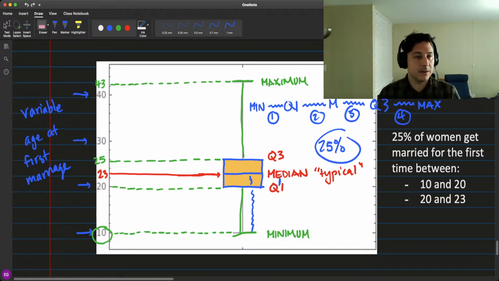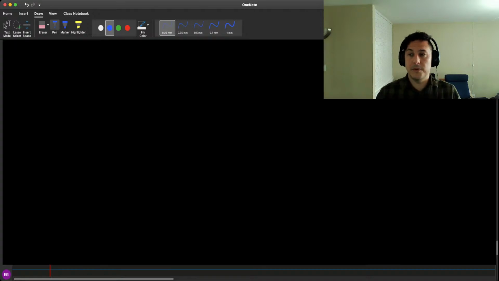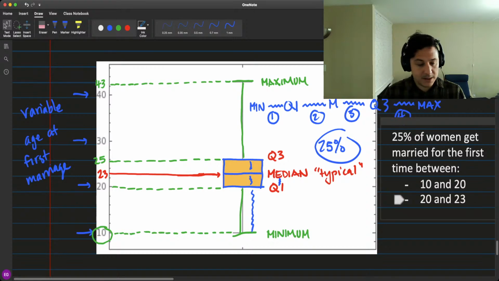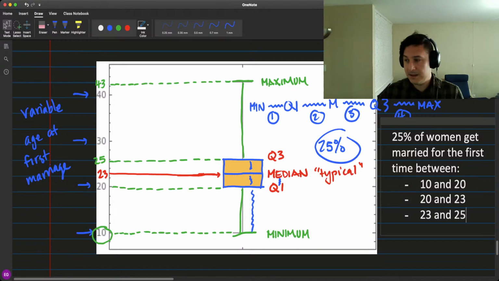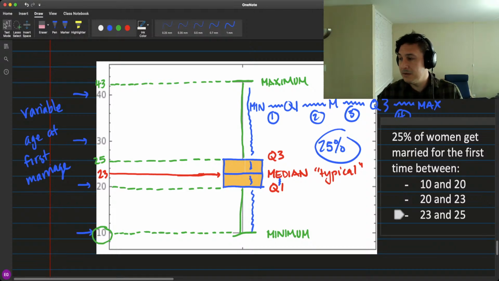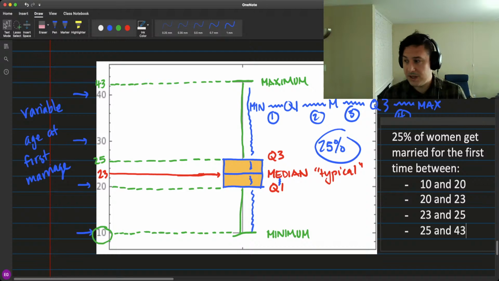What's the next one going to go between? The median and Q3. 25% of women will get married between the ages of 23 and 25. And then the last one will be Q3 to the maximum. 25% of women will get married between the ages of 25 and 43.